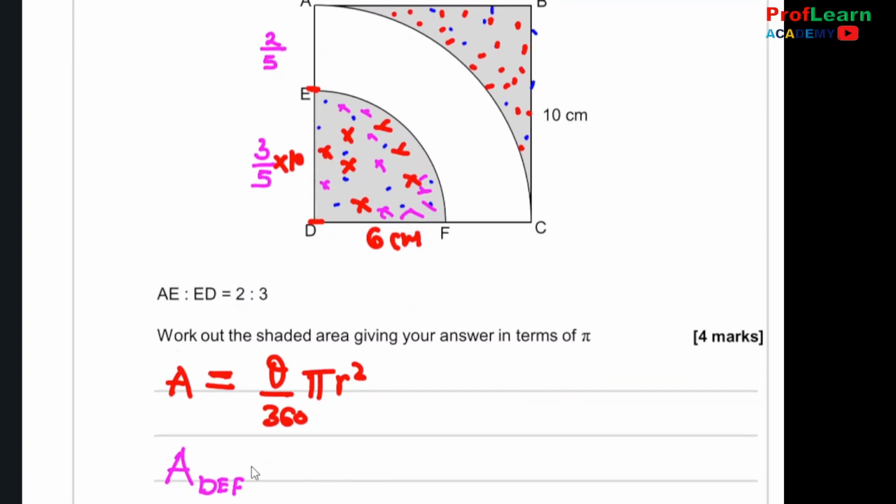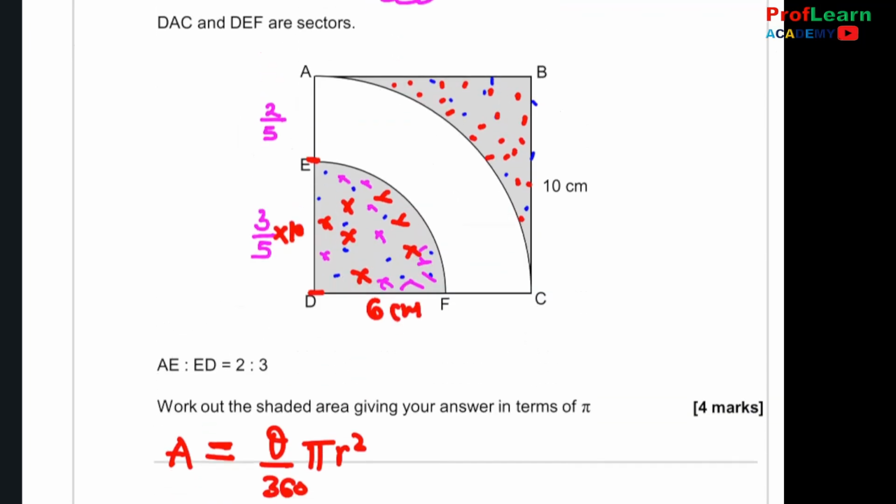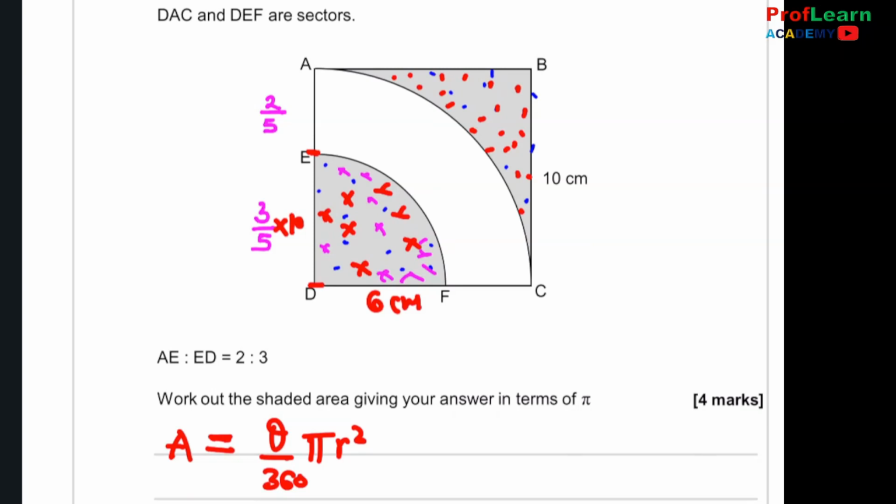So we can be able to say area of DEF is going to be 90 degrees, because this is a right angle at this point, over 360 times pi, radius is 6, so times 6 squared, which is going to translate to 90 over 360 pi times 36.